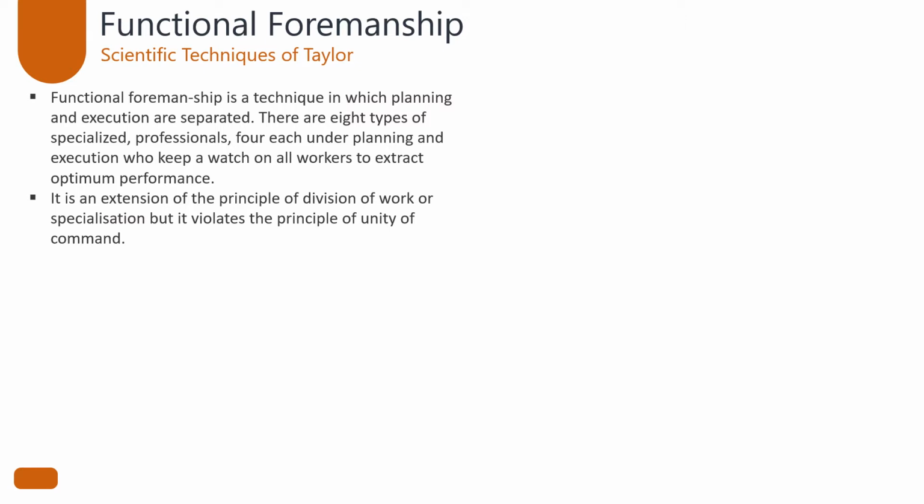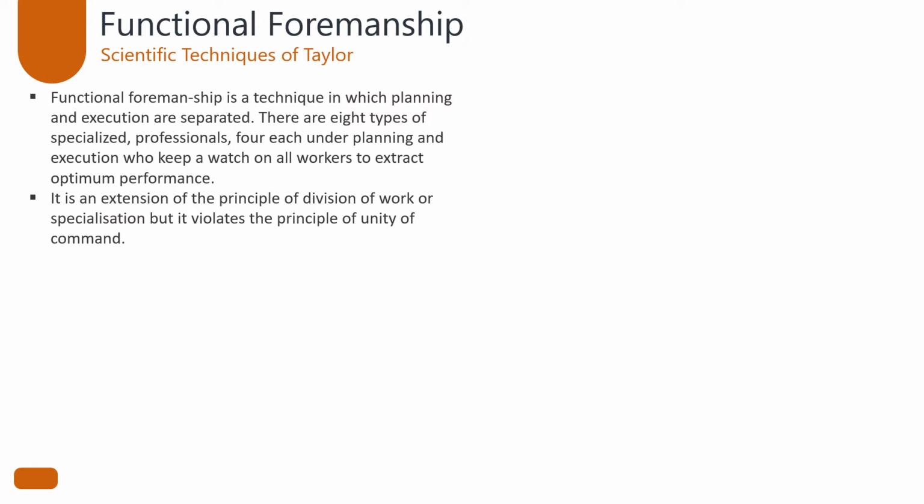In the production area, Taylor suggested that under each department there should be different functional experts to supervise these workers, because one foreman or one supervisor cannot handle each and every aspect of production, and so he insisted on a minimum of 8 bosses or 8 functional experts over the workers to take care of different kinds of work.